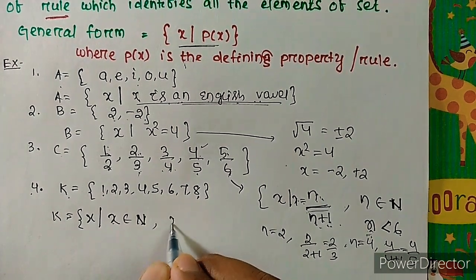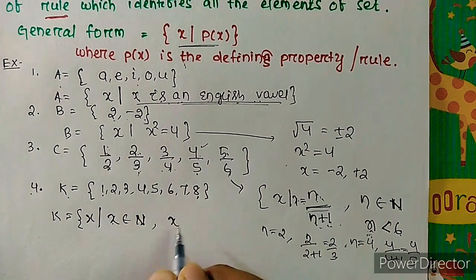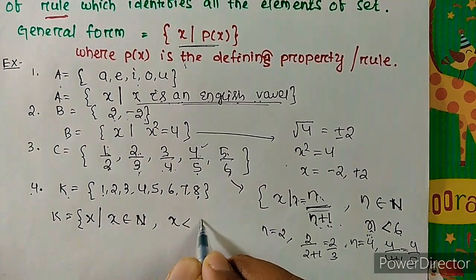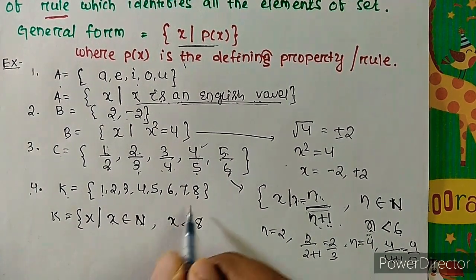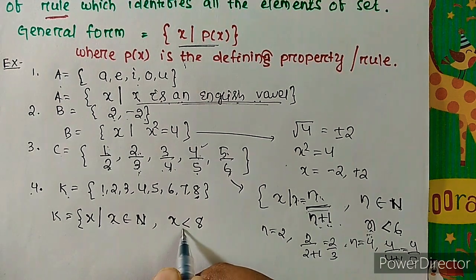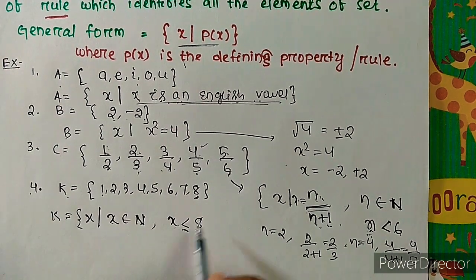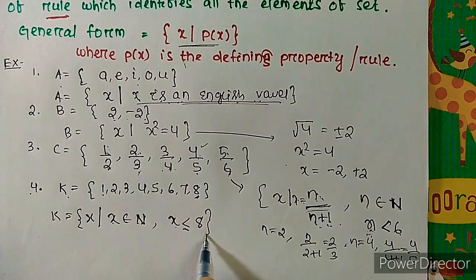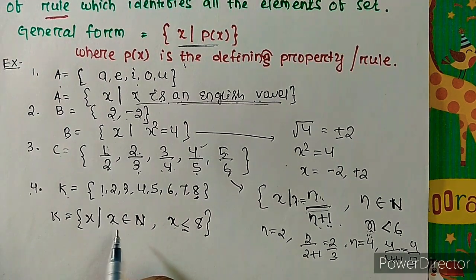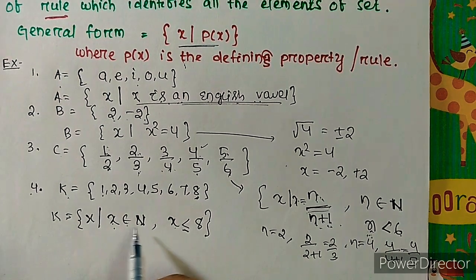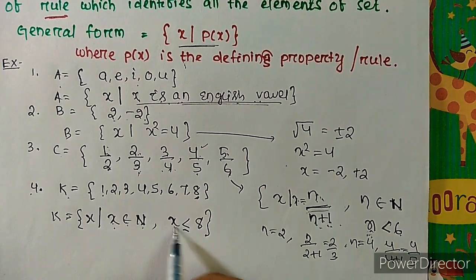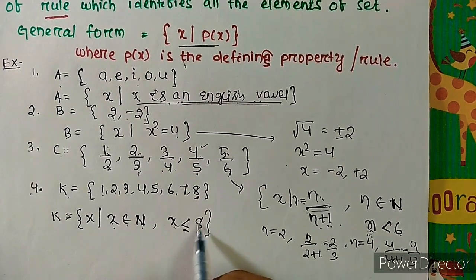Yes, we have taken X less than 8, but 8 is also taken, so we can write the equal sign. That means, after closing the bracket, we have made the rule X belongs to N and this X is less than or equal to 8.